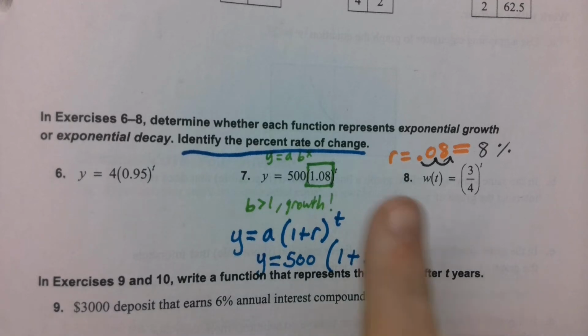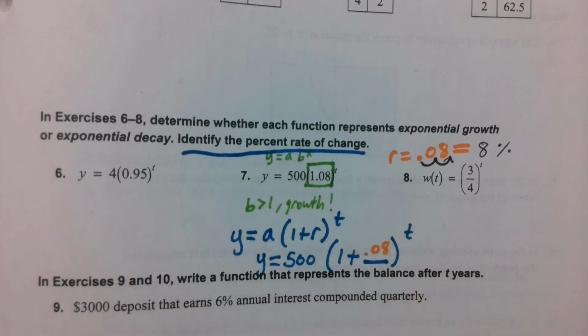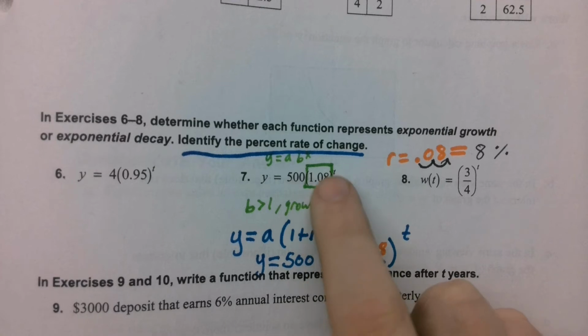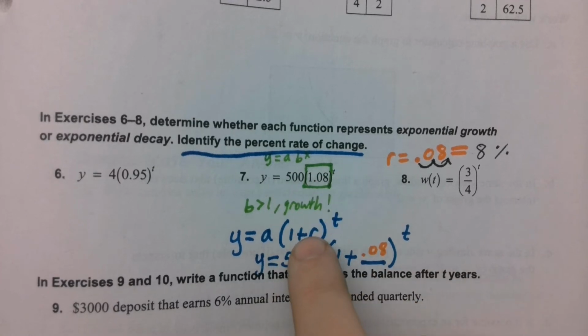If you see one number in parentheses, that is your growth factor, just like we talked about in the last unit. That doesn't change. But you can always write your growth factor as 1 plus, or at least some variation of that, your rate. You can always rewrite a growth factor bigger than 1 as 1 plus your rate.